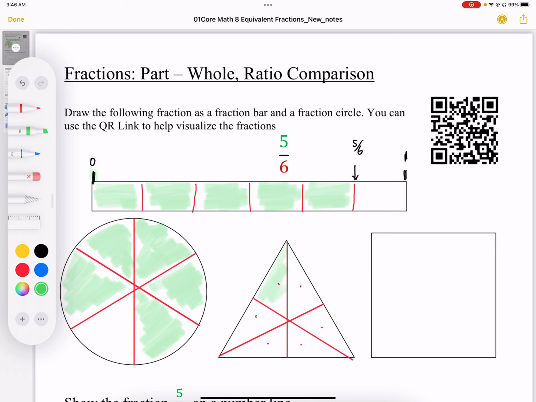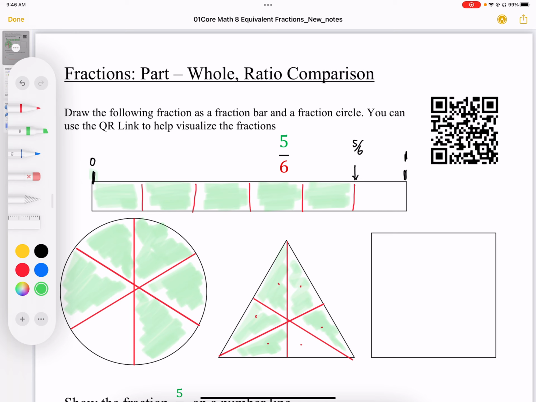So I'm just going to shade 5 of these pieces. Now with the triangle, it naturally will divide into 3, but since 6 is a multiple, and this is what I mean about the times piece, we can do groups of 3. Because we can do groups of 3 and 6, we can divide up the triangle into 6 parts.